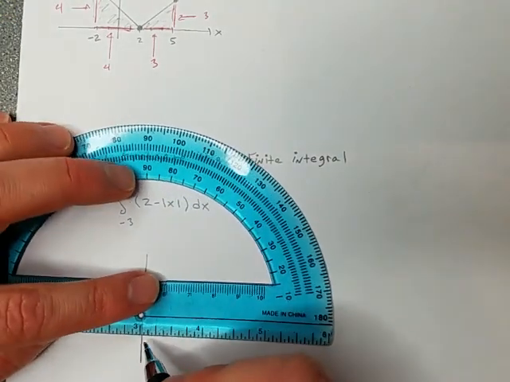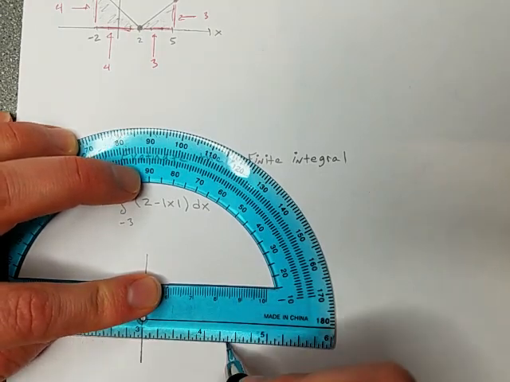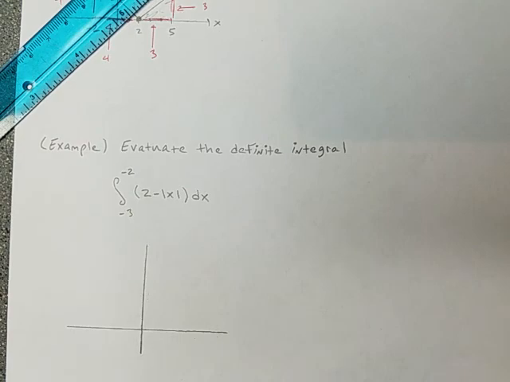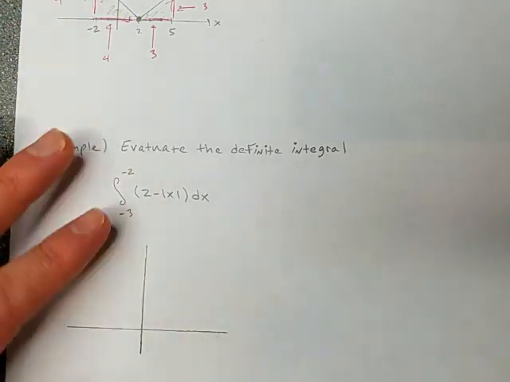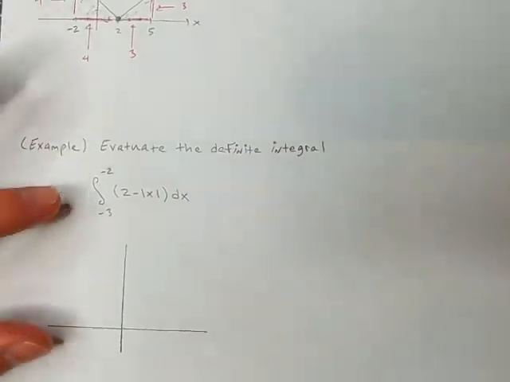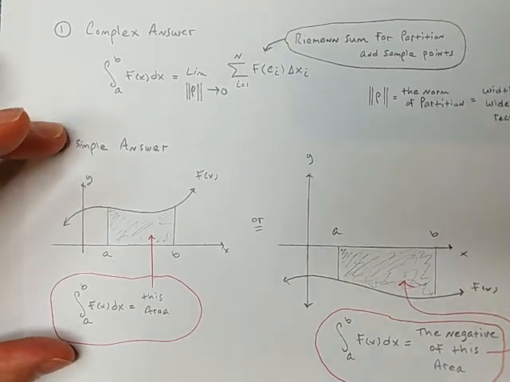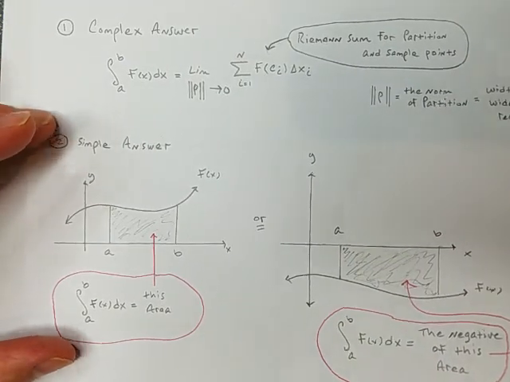So let's take a close look at that. Since I'm doing this by thinking about it in terms of area, I will draw a graph. And as I said in this problem, what I'm about to show you is not the only way to do it, but it's a way to do it that's consistent with what I'm trying to show you right now.